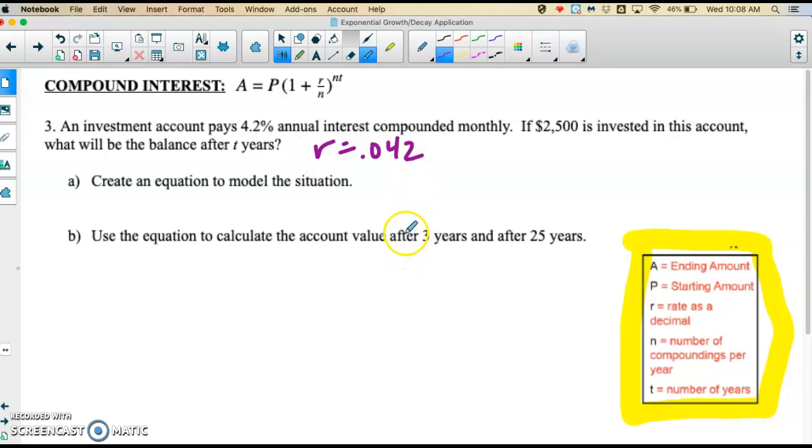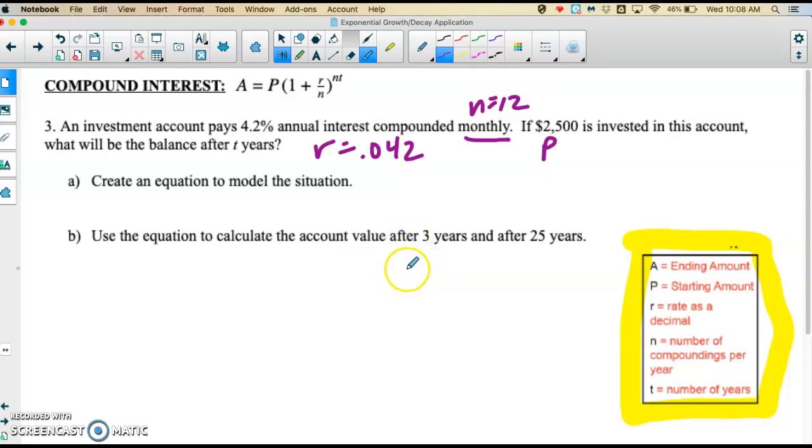So it looks like our r is going to be 0.042. 2,500 is going to be our P because that's our starting amount. t is how many years. n represents the number of compoundings per year. So since this is an annual interest rate, and it's compounded monthly, your n is going to be 12.